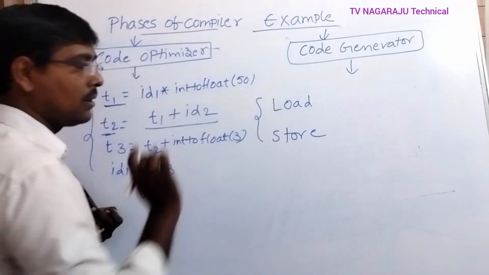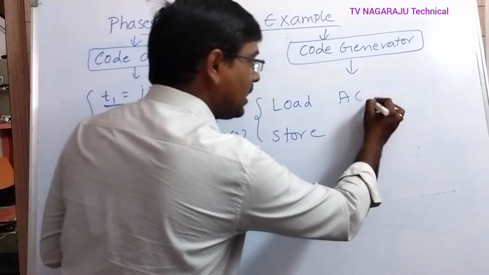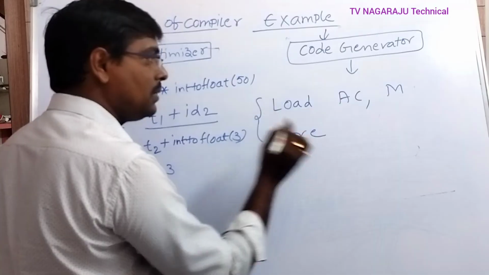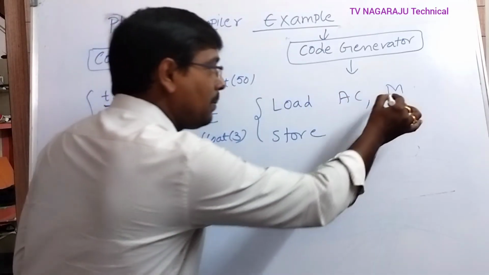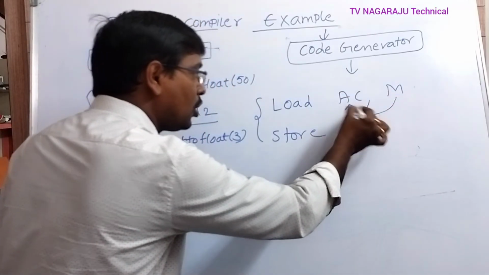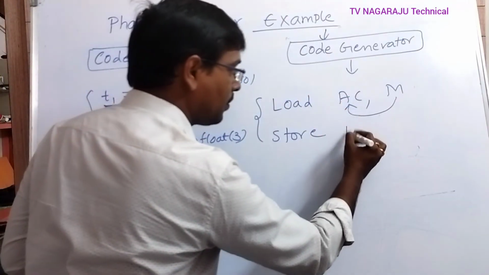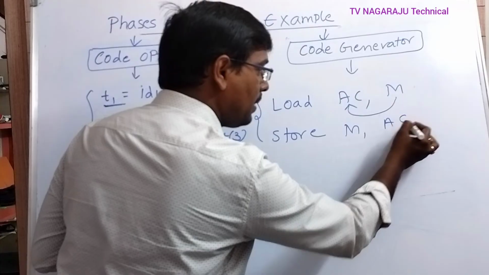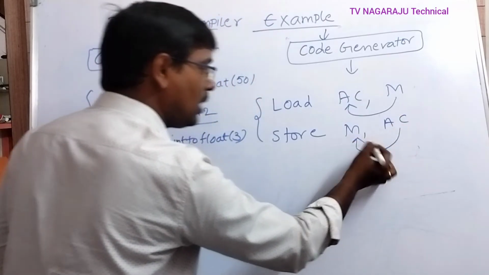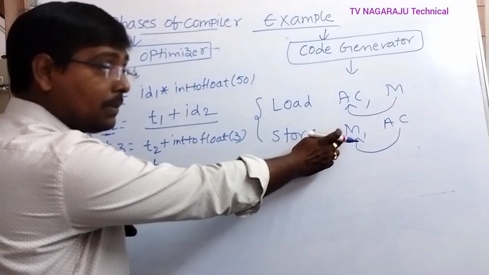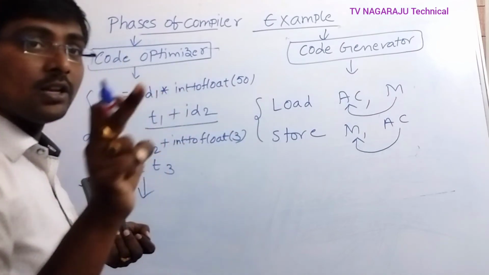This is one pair. So accumulator comma memory. Simply load means transfer the information from memory into accumulator. This is performed by using load operation. Transfer the information from accumulator into the memory. Accumulator into the memory in the sense, for execution we are storing into the memory.